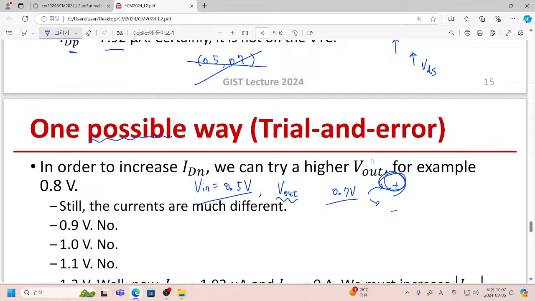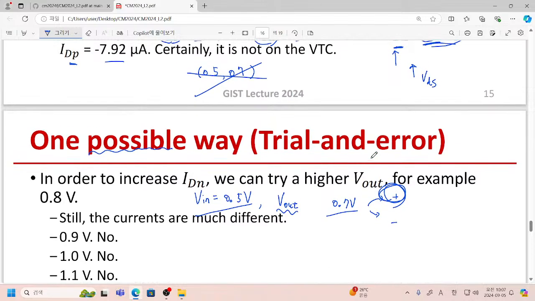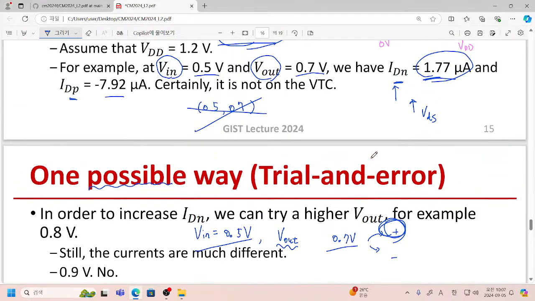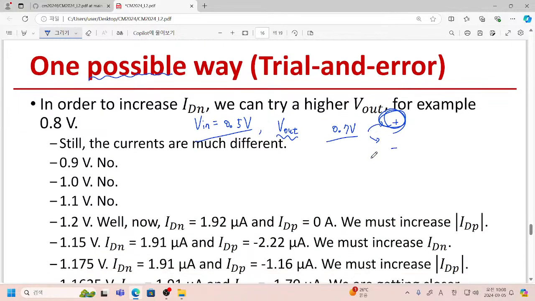Then how much do we have to go? It really depends on your choice. There is no golden rule, but let me just try a certain number, a very conservative number, 0.1 volt. Then what will happen? Let me just try 0.8.